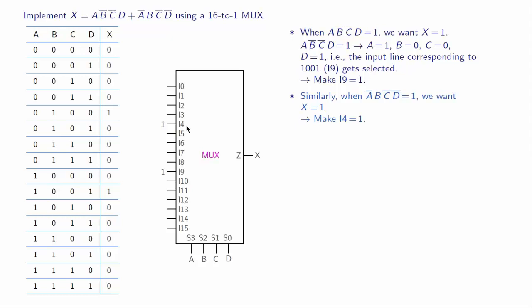And these are the only 2 minterms, so therefore for all other combinations of A, B, C, D, the output must be 0, and therefore we can connect all other input pins to 0, like that. So that is our implementation of this function.